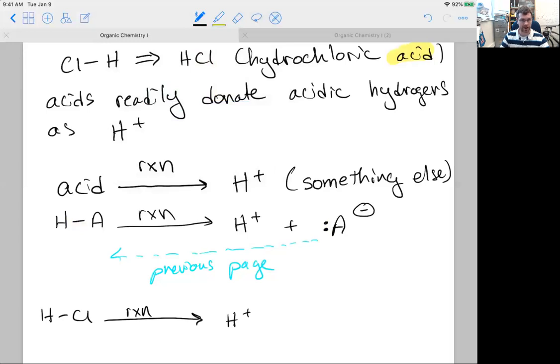The lone pair on the oxygen of the water molecules accepts that H+, and what we're left with is Cl-, because the 2 electrons that were once bound to the hydrogen atom are no longer shared with hydrogen, and they're now on chlorine by itself along with the other 3 lone pairs of electrons, giving it 4 lone pairs of electrons total for a net formal charge of -1.